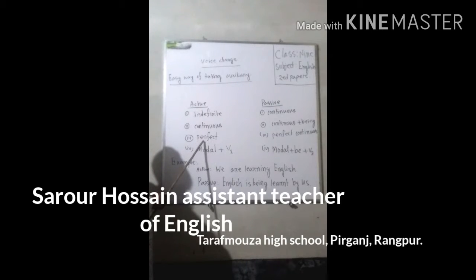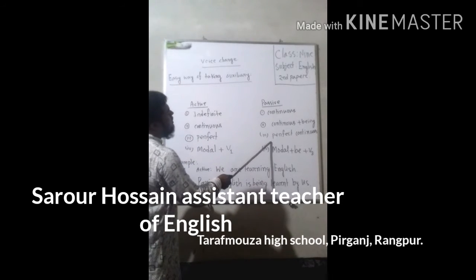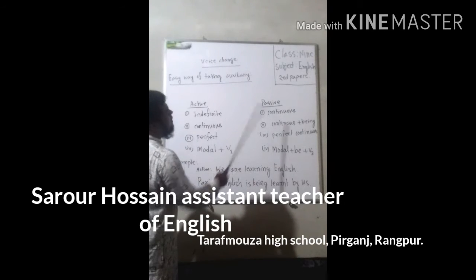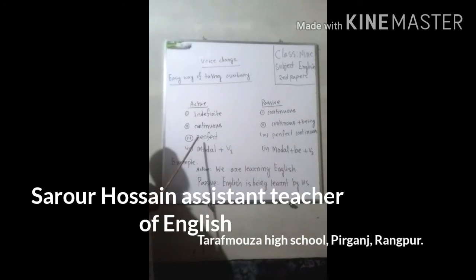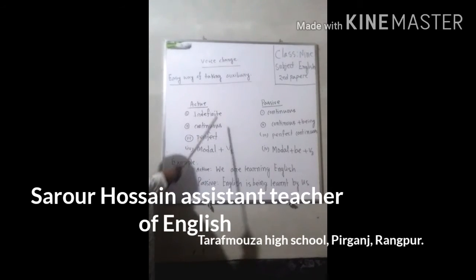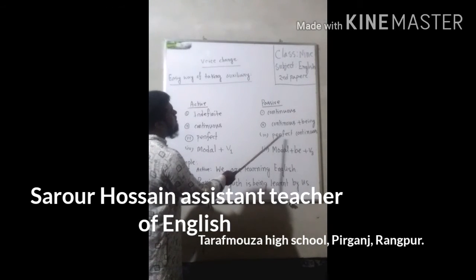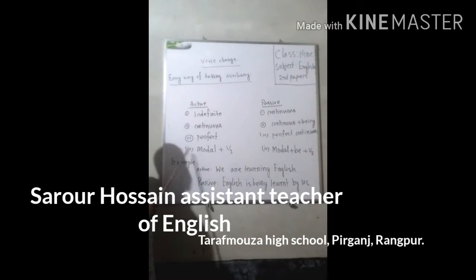In the active voice, if we find past perfect tense, in the passive voice we have to take the auxiliary verb of past perfect continuous tense. If we find future perfect tense in the active voice, in the passive voice we have to take the auxiliary verb of future perfect continuous tense.